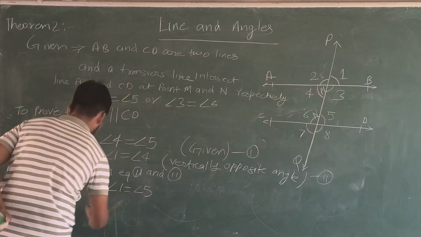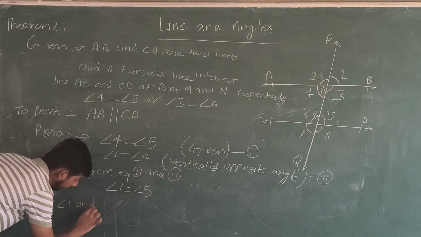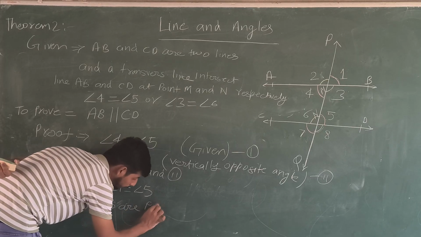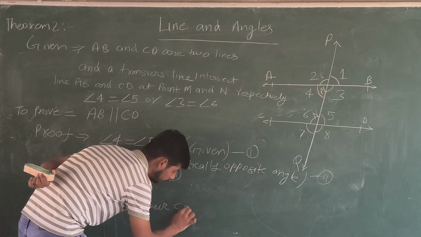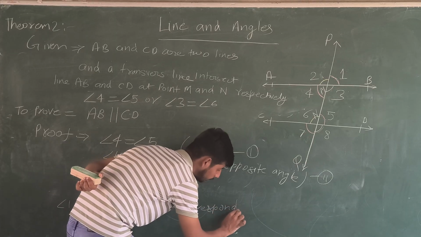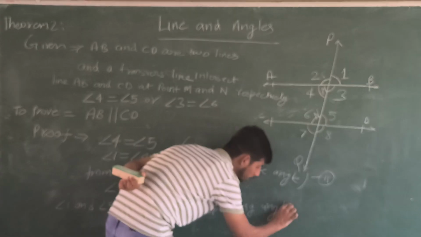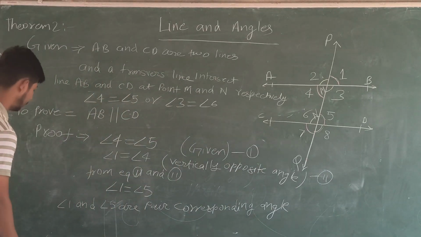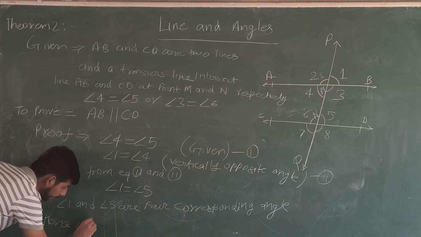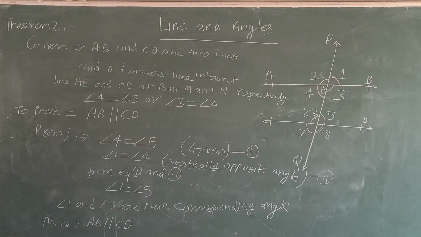So here we can write that angle 1 and angle 5 are a pair of corresponding angles. So hence AB is parallel to CD.